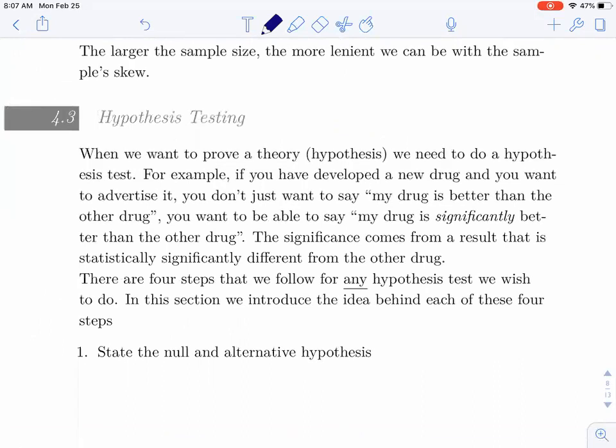So then we started talking about hypothesis testing. And the thing with hypothesis testing is that there's a lot of ins and outs, a lot of rules to remember and a lot of things to navigate. What I find works best is if I just walk you through all those rules, then we'll do an example just to tie all those rules together.